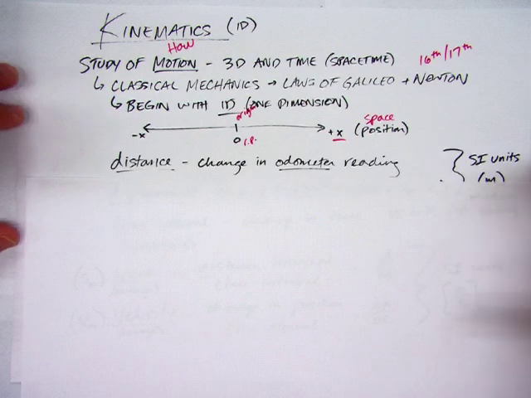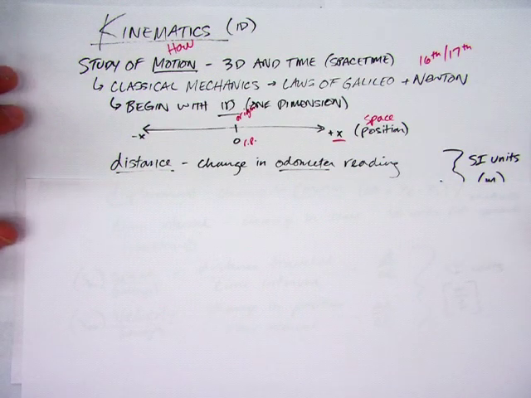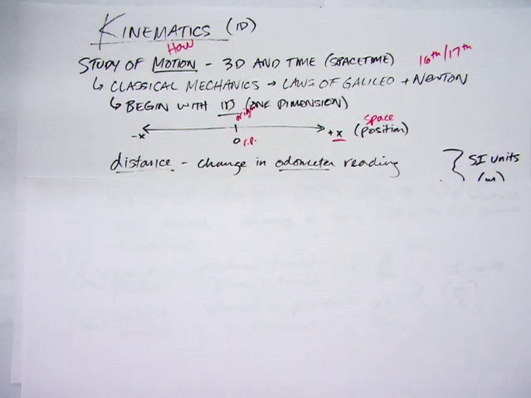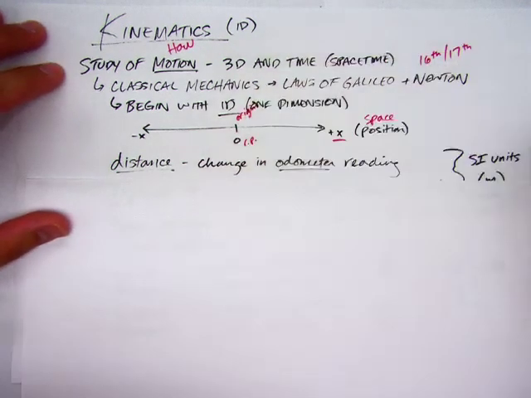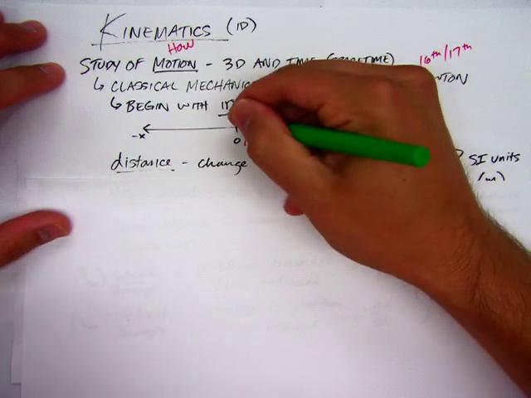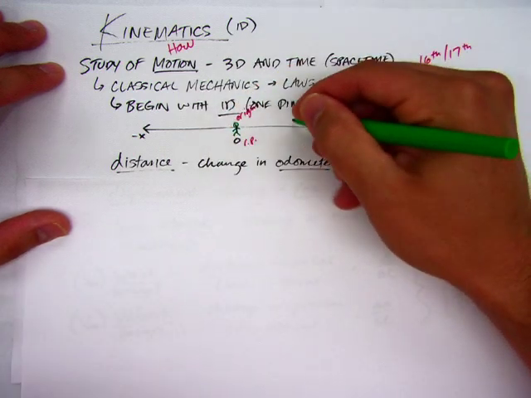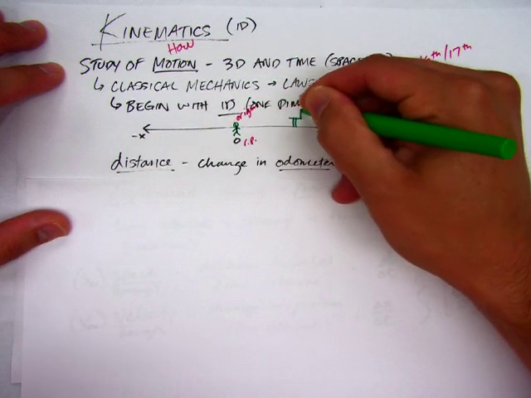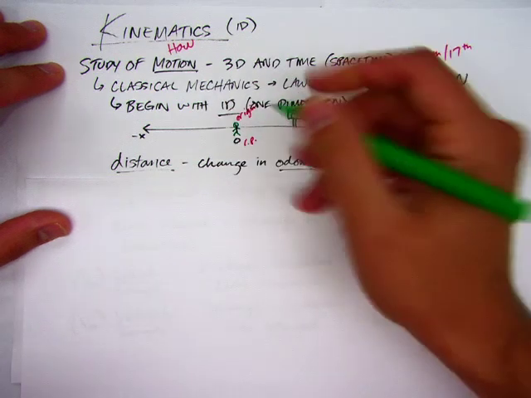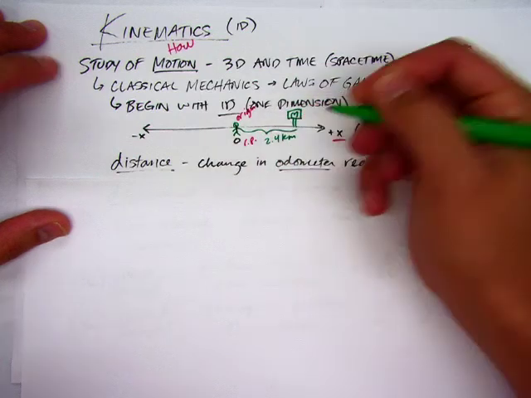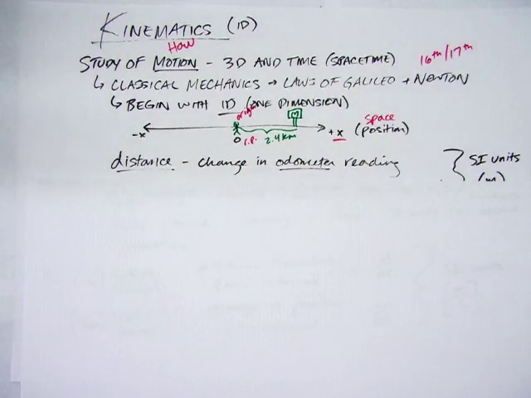The first is a certain distance we travel. Distance is related to what, say, your car odometer would read if you were driving somewhere. It doesn't matter where you start or where you finish, just how far you went. So let's say you start here at position 0, and let's say you walk to McDonald's because you're hungry for lunch, and let's just say McDonald's is 2.4 kilometers to the right of your house.